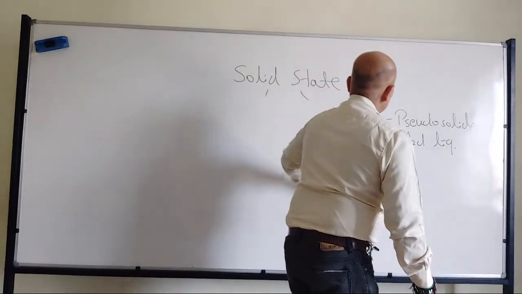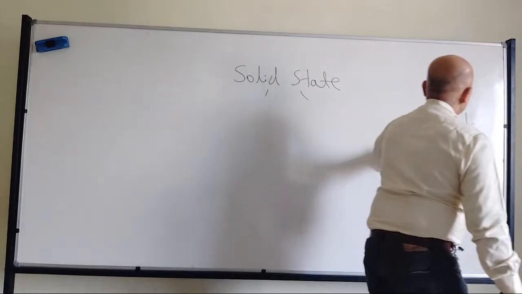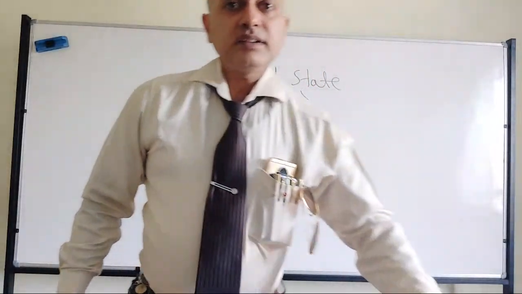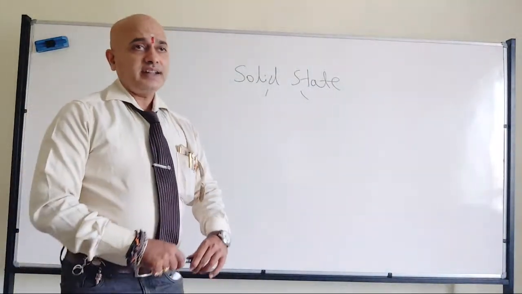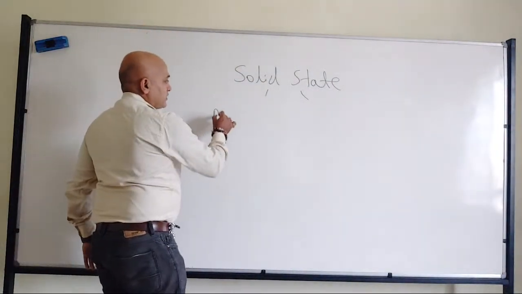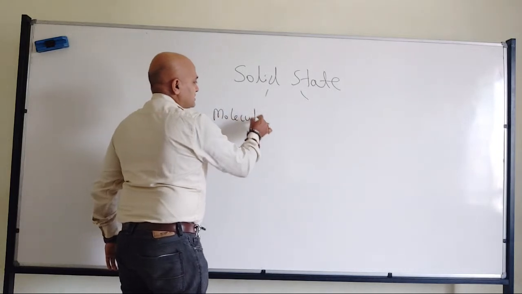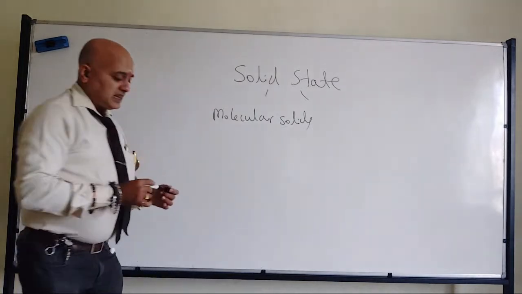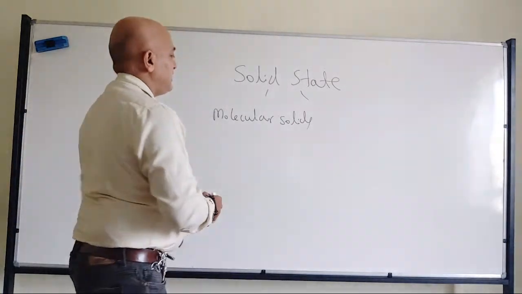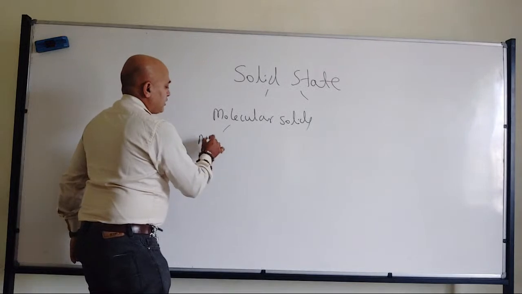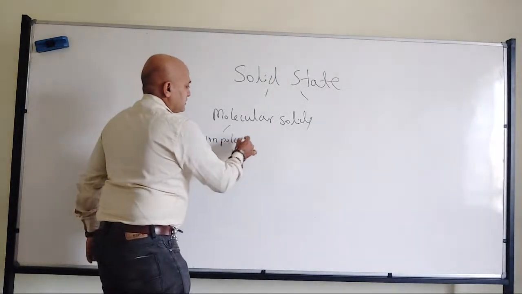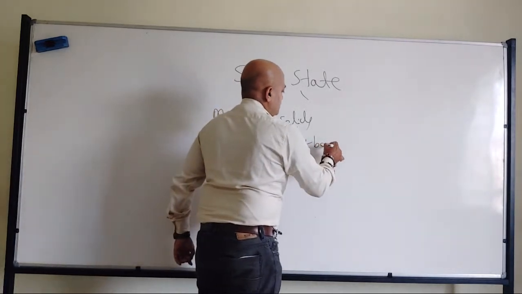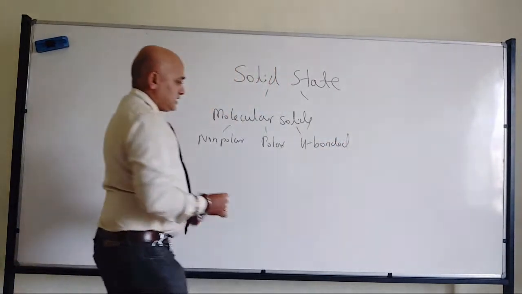Now, crystalline solids can be classified, first, as molecular solids. In molecular solids we have non-polar, polar, and hydrogen bonded molecular solids.